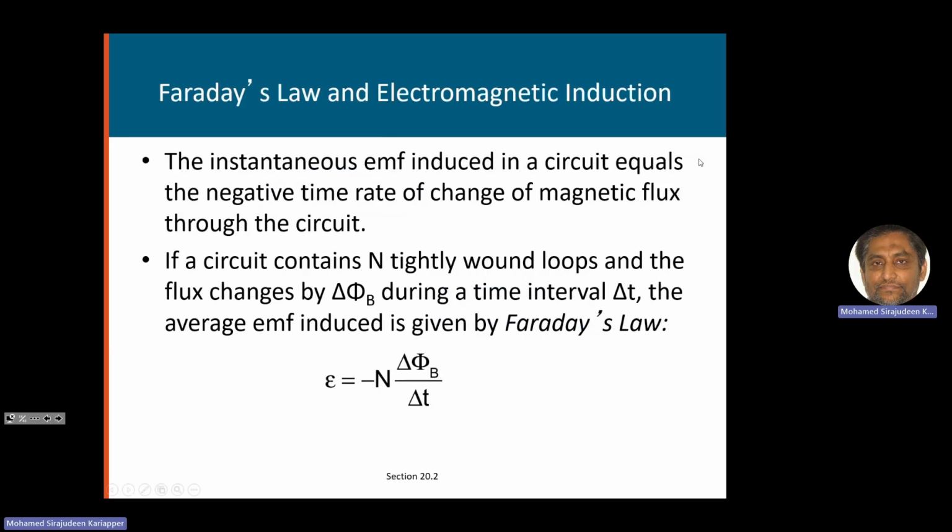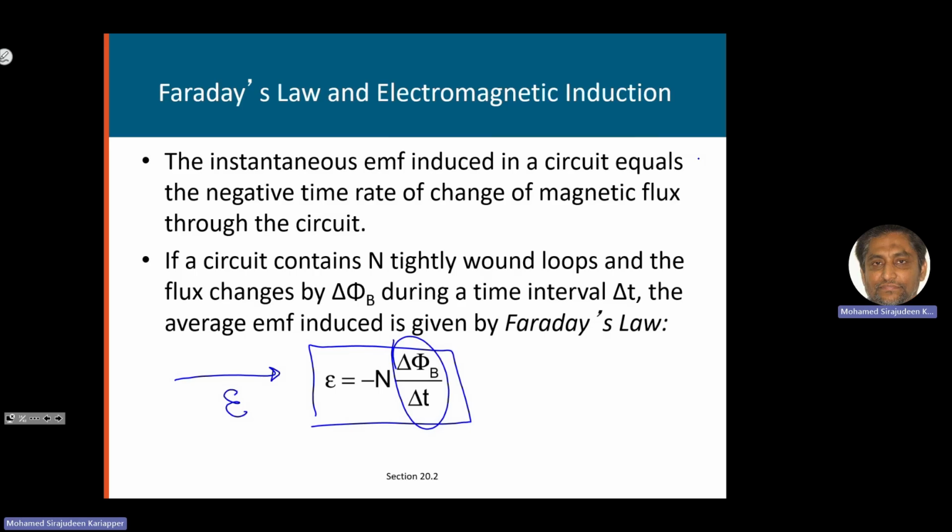So the instantaneous EMF induced in a circuit is equal to, now this is the law. Let me bring your attention to the equation. We use the symbol E for the induced EMF. Faraday said it is proportional to the rate of change of the flux through the coil, how fast the flux is changing.